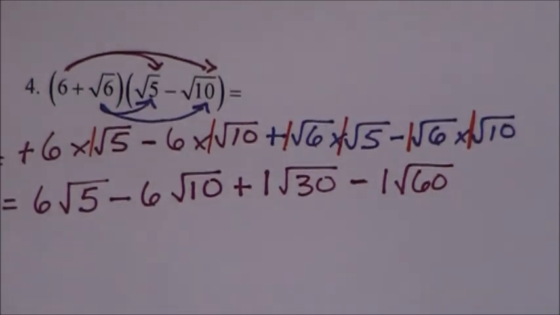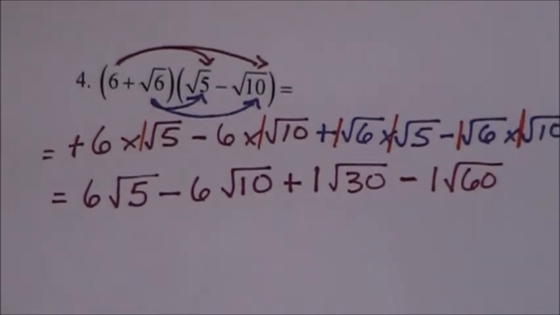So at this stage, we now have everybody multiplied together. We're going to look to see if we can add or subtract them and whether or not they reduce. So looking at all of our radicals, they all look very different. So we cannot add or subtract at this stage. However, we may be able to simplify and may or may not be able to add after. 5 is a prime number, so it's not getting any smaller.